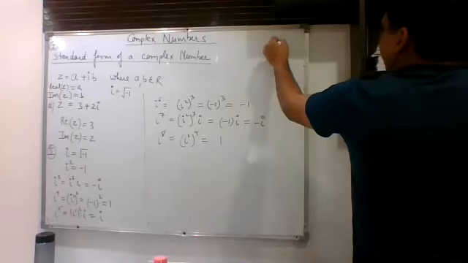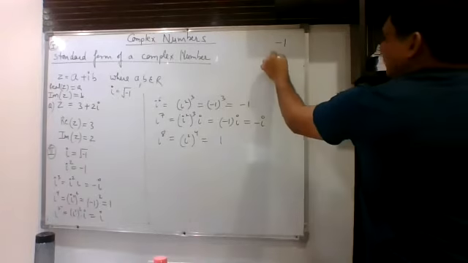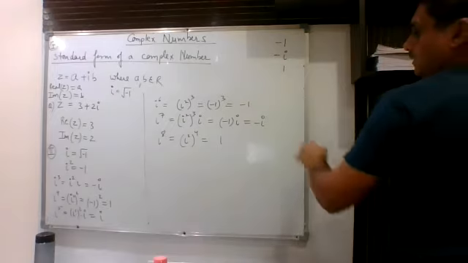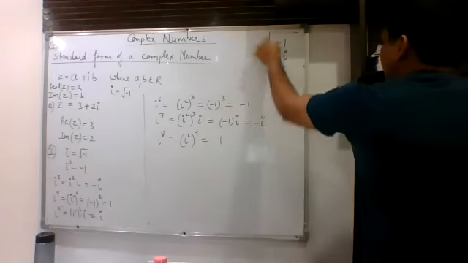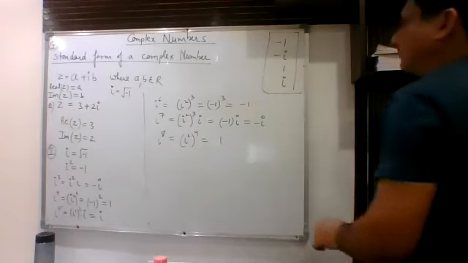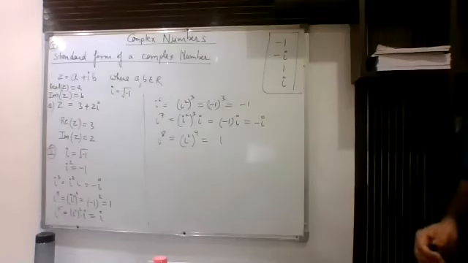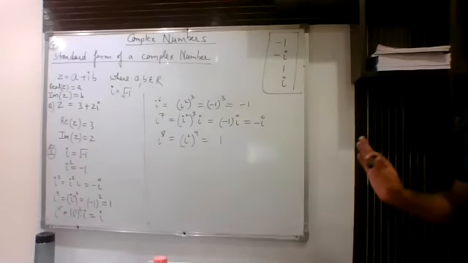Now here we can observe one thing: when you are finding powers of i, your answers are always -1, minus iota, 1, and iota. These are the 4 answers we are getting every time. So this cycle will repeat again and again. We will always get 4 different values.